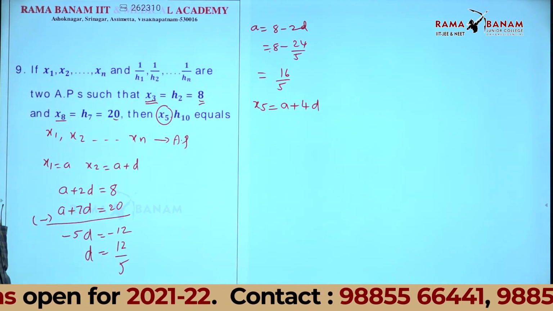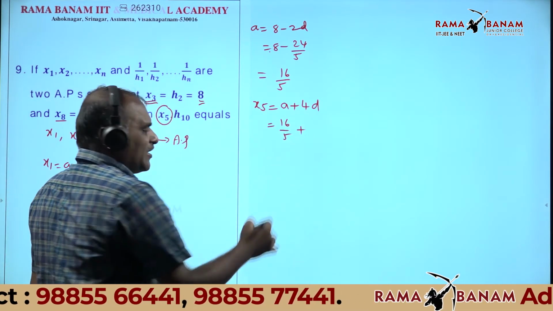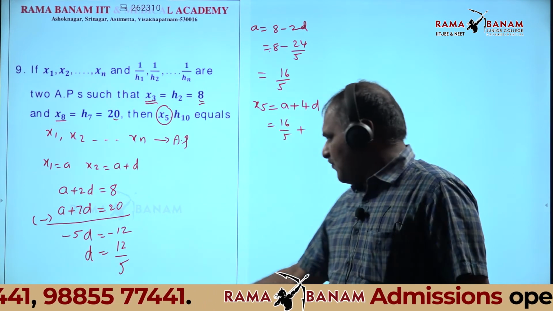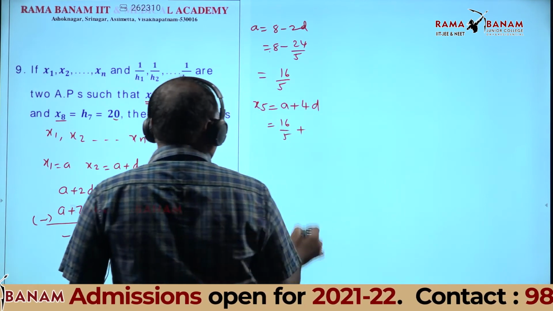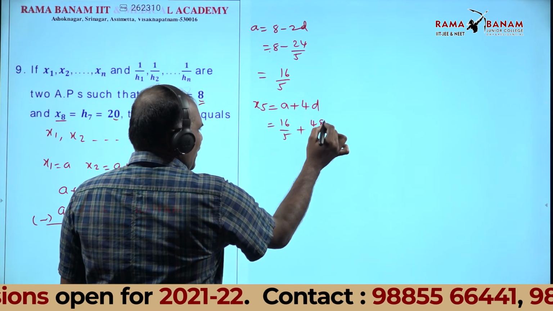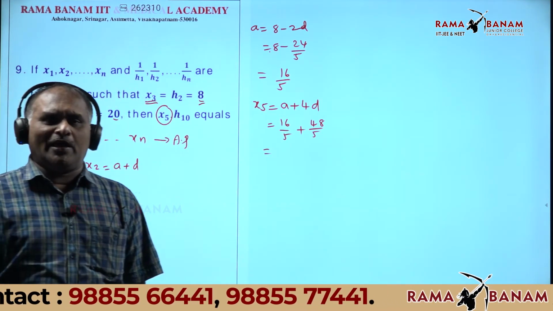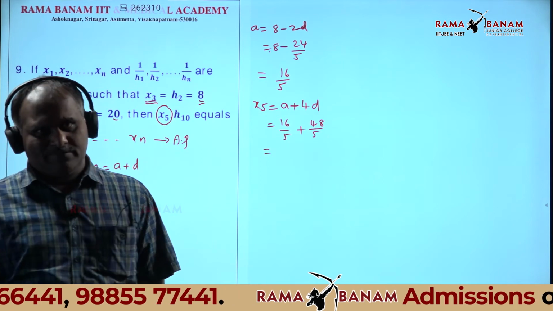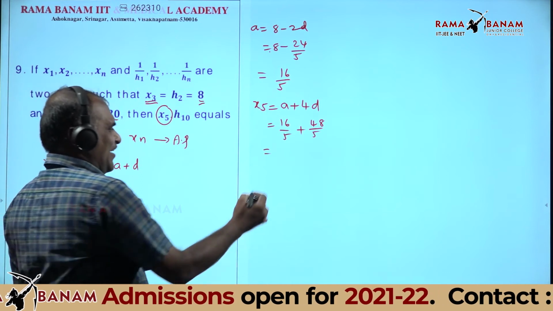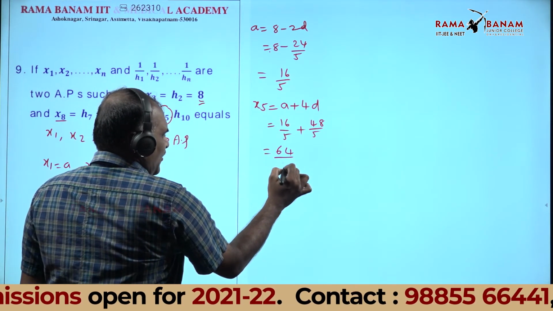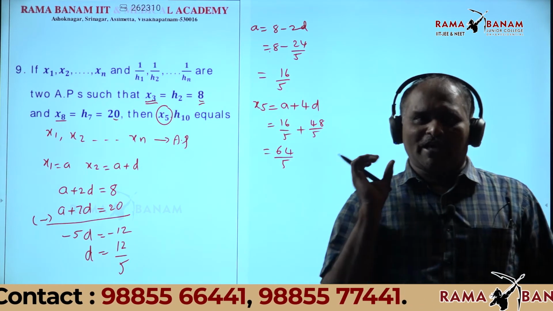You know the a value, 16 by 5, plus 4 into the d value, 12 by 5. 4 into 12 is 48, so 48 by 5. That is LCM 5. What is 16 plus 48? 64. Very good, 64 by 5. In the first series, you can find that value.